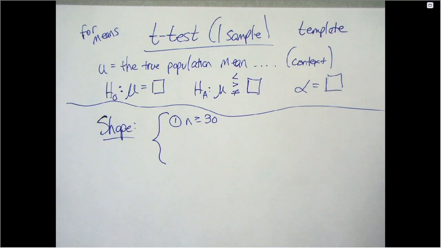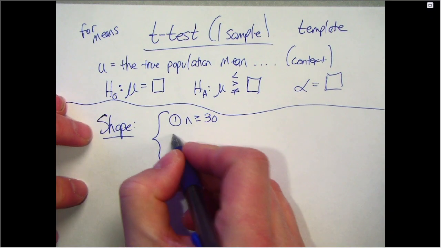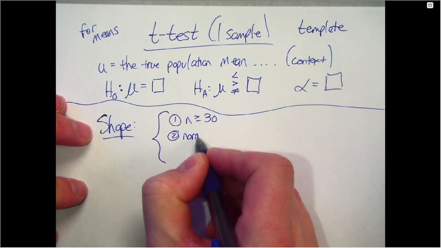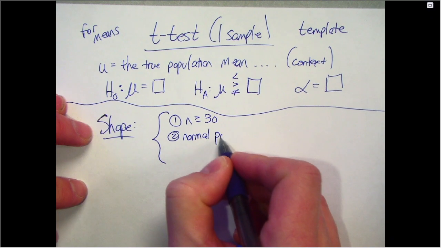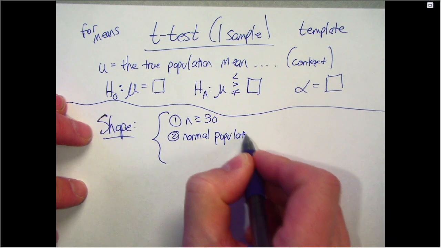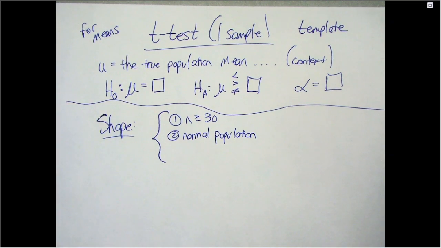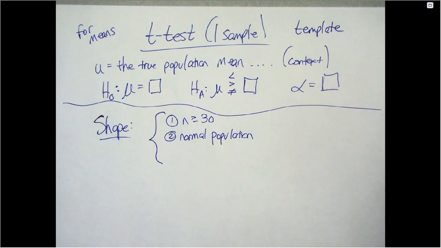If you got 30 or more, you're golden. You don't have to worry about the next 2. If it's not greater than or equal to 30, then you look for a normal population. So if I had said the ounces in a Coke bottle are normally distributed, like we know that for a fact in the big population, then we're okay. 90% of the time you'll have one of those 2 things.